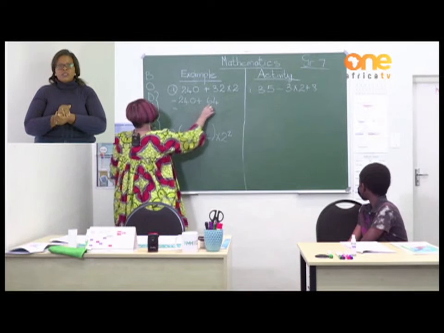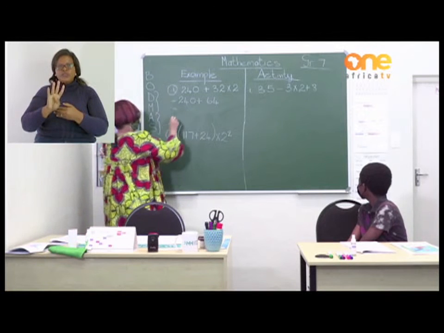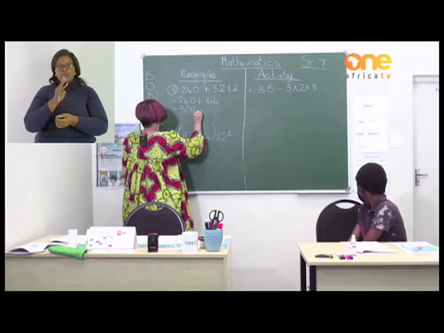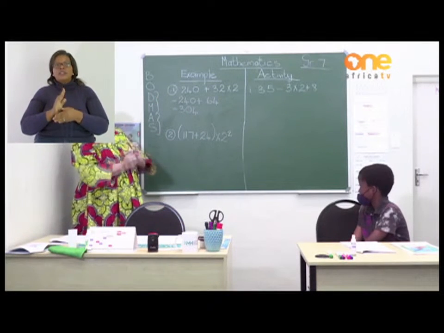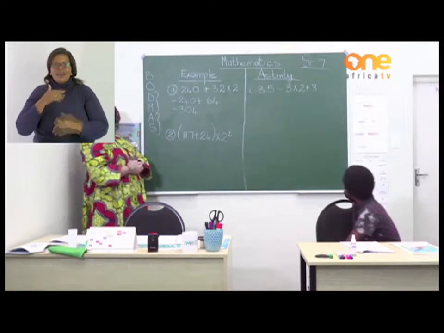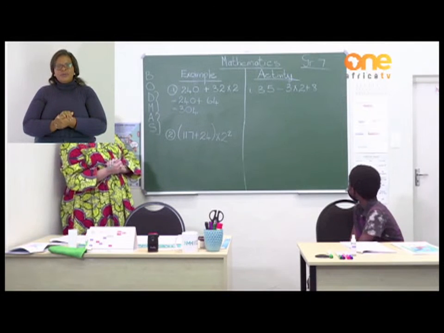So 240 plus 64 will give me 304. I hope you found the answer before me. Thank you. All right, let's do our second example. Do you know what we are going to do first?